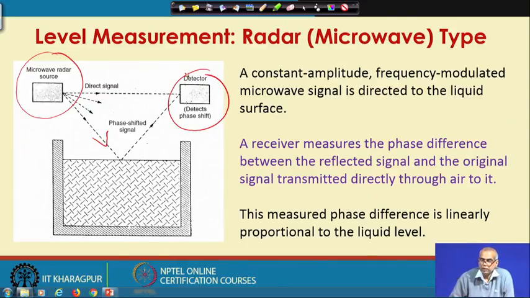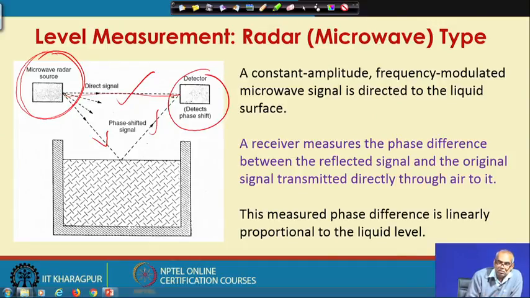A constant amplitude frequency modulated microwave signal is directed to the liquid surface. A receiver measures the phase difference between the reflected signal and the original signal transmitted directly through air to it. So, we have a microwave radar source. A signal can go directly to this detector.